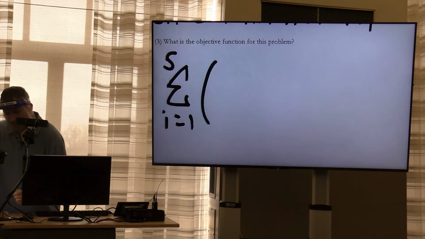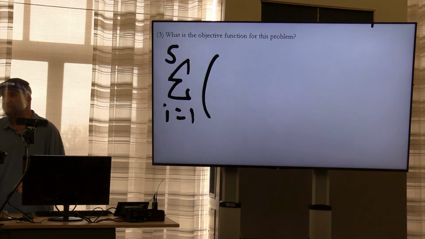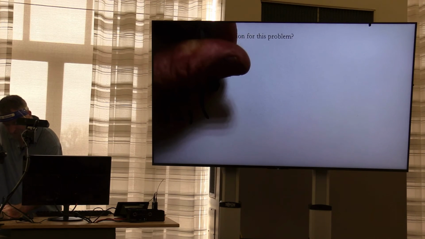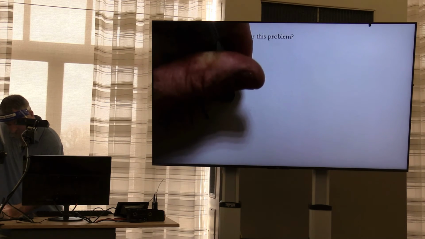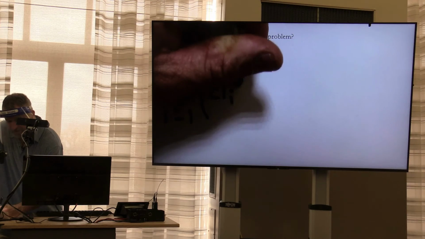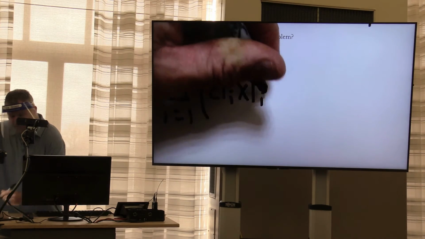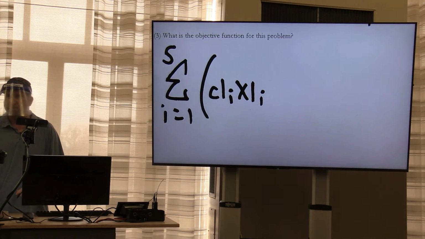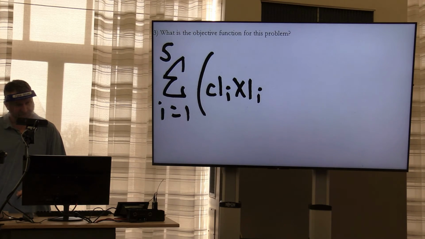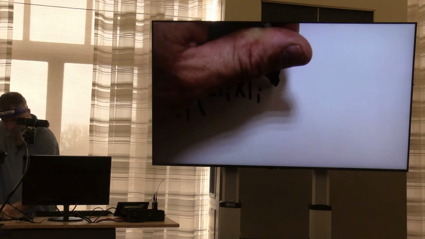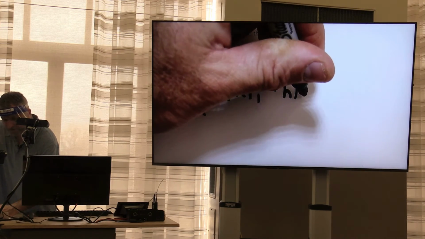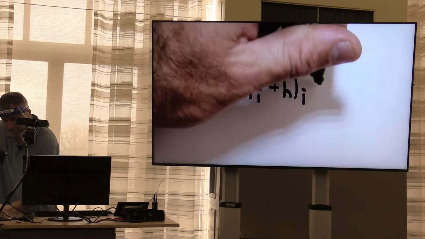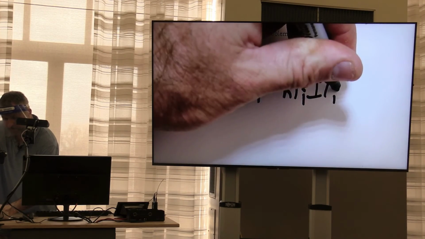And so within that bracket, I'm going to have the cost for each month. The per unit production cost of gum 1 times the amount of gum 1 we produce. The holding cost of gum 1 times the amount of gum 1 we store.